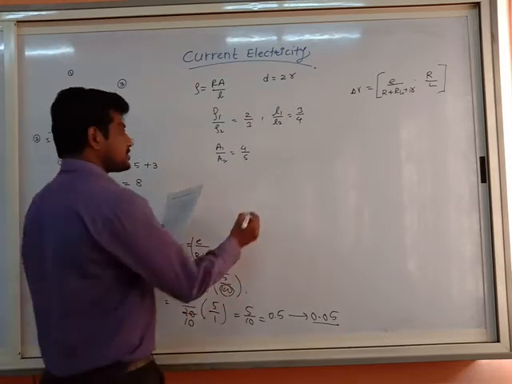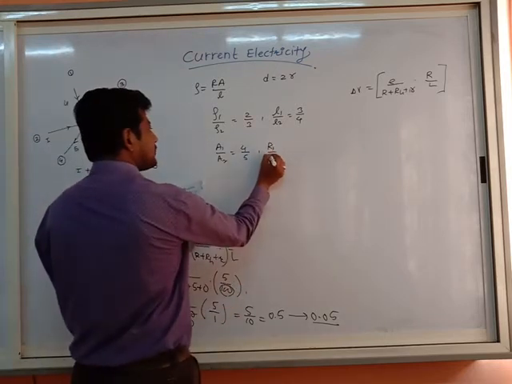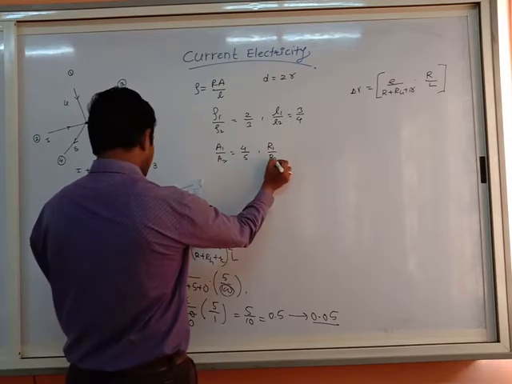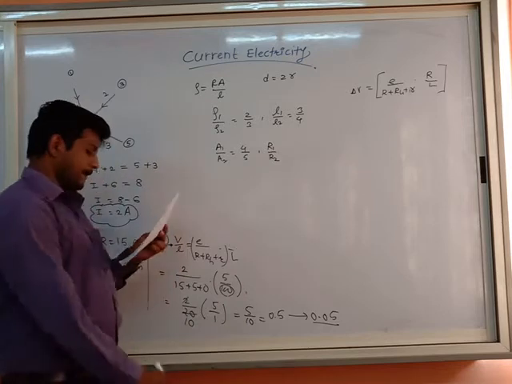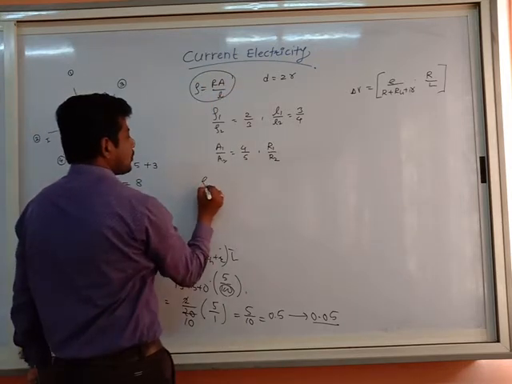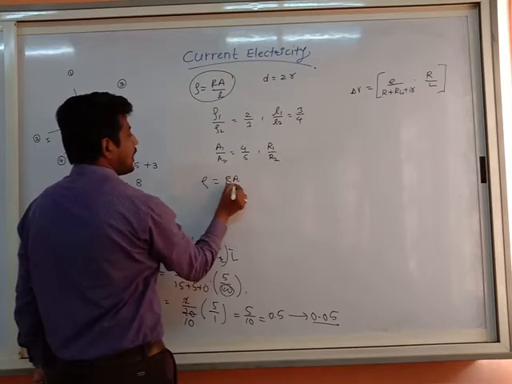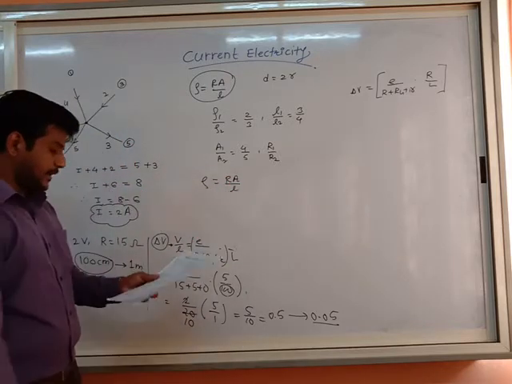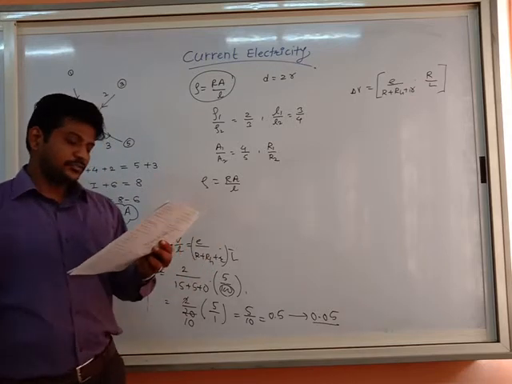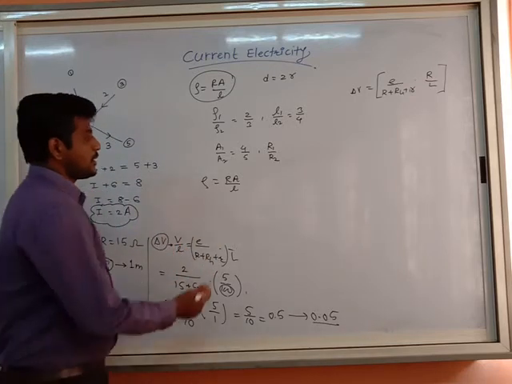Ratio of their resistance, R1/R2, that we are going to calculate. Okay. Resistivity formula काय? Rho is equal to RA/L. ऑप्शन्स काय आहेत? 1:2, 5:8, 6:8, 6:5.